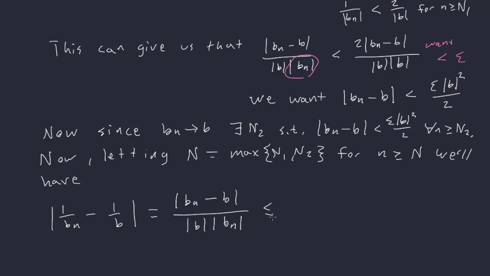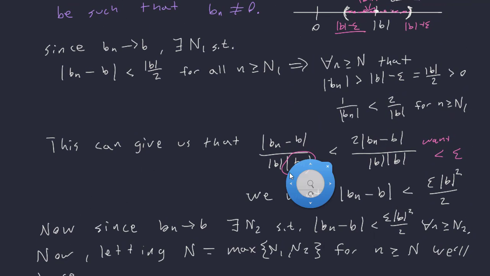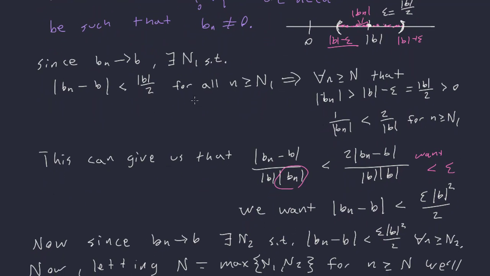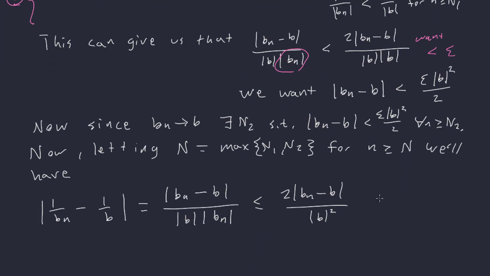This will be less than or equal to 2 times the absolute value of bn minus b all over the absolute value of b squared. So this step comes from this part here. I'll call this star. So this statement comes from star.